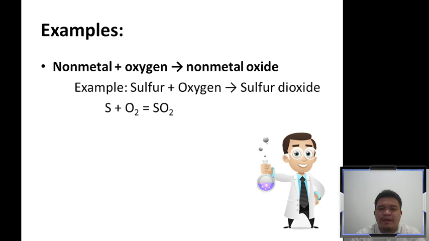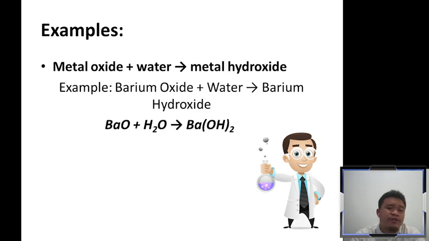Another common combination reaction is when a metal oxide, that is a metal plus oxygen, is reacted with water, it yields a metal hydroxide. For example, barium oxide plus water yields barium hydroxide, or BaO plus H2O yields Ba(OH)2, with a subscript 2.